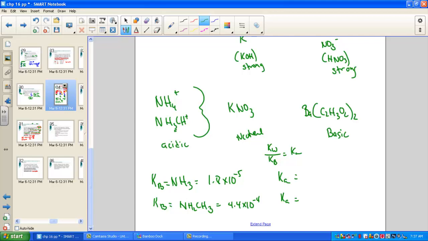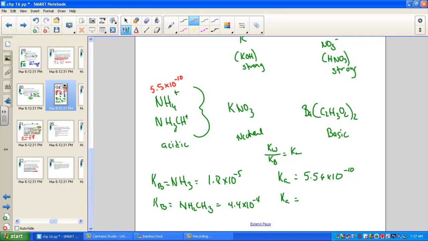So I'm going to hit 1e negative 14, divided by that first value, 1.8e negative 5. Remember, I think we did this one earlier, 5.56 times 10 to the negative 10th. Here's the Ka for ammonium. Let me just jot that, 5.6 times 10 to the negative 10th.